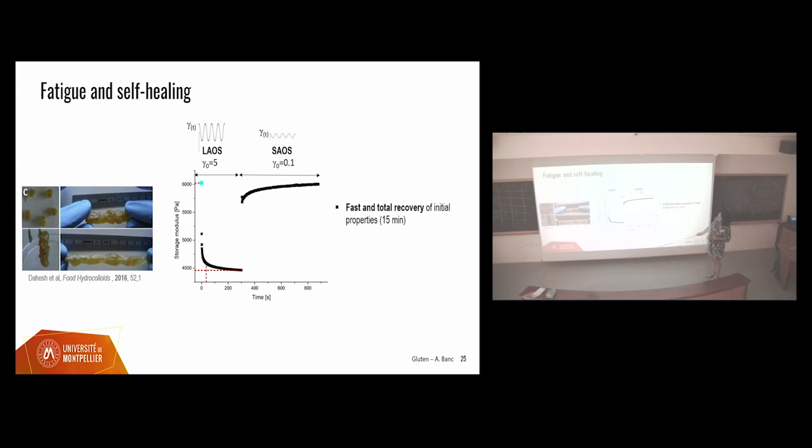Another way to measure this self-healing behavior is to perform large amplitude oscillatory shear for a certain amount of time, and then probe the recovery of the initial properties using small angle oscillatory shear. And you see that after 15 minutes, we totally recovered the initial properties.